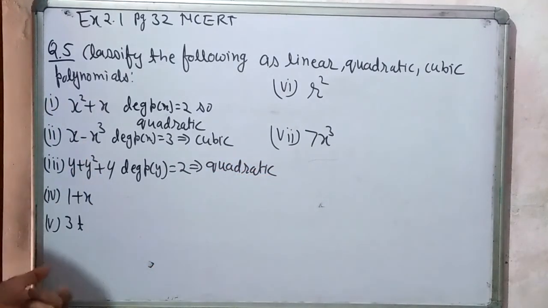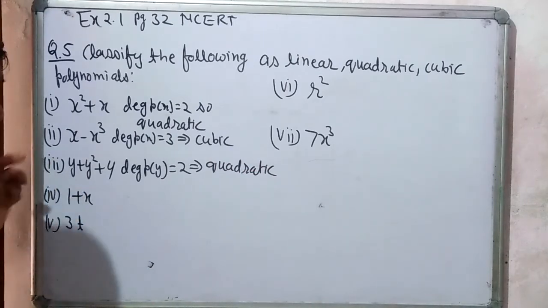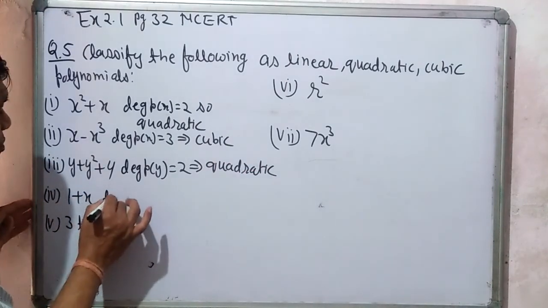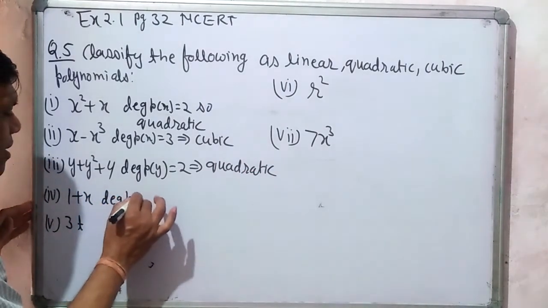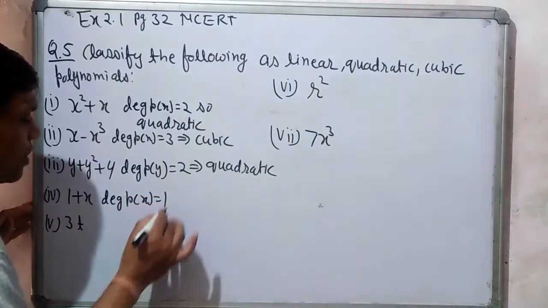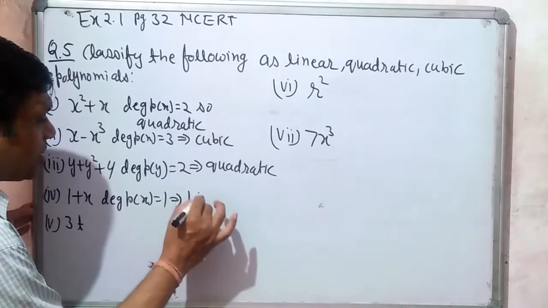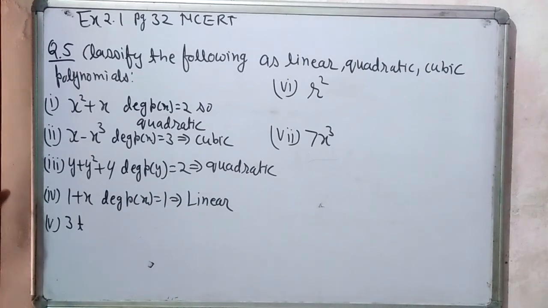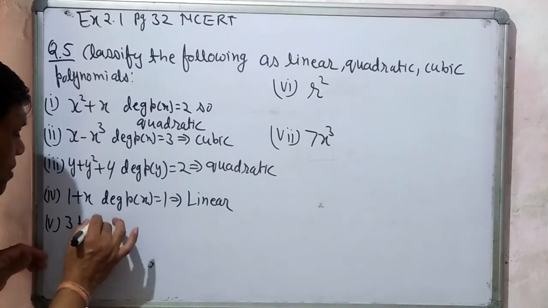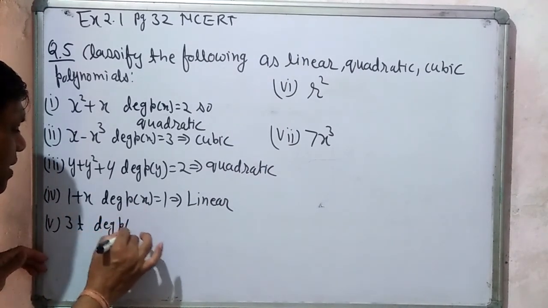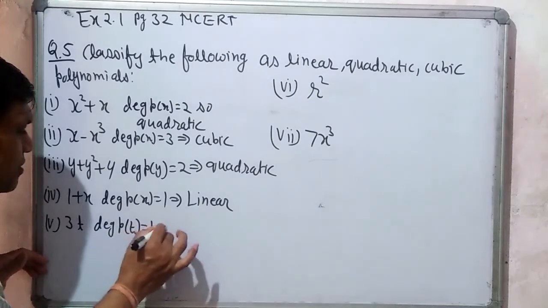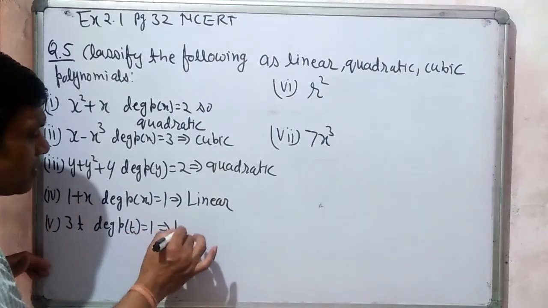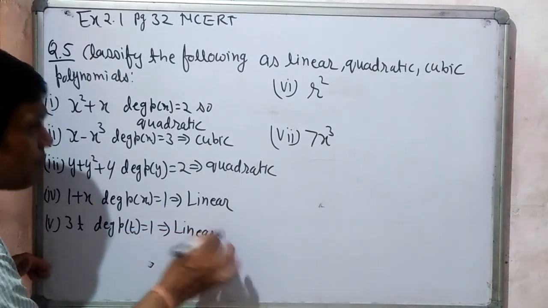What about the fourth one? The power is 1. So degree of p(x) is 1 in this case, which implies it is linear. What is the degree of the fifth one? 1 only. So the degree of the polynomial in t is 1, so it is linear.